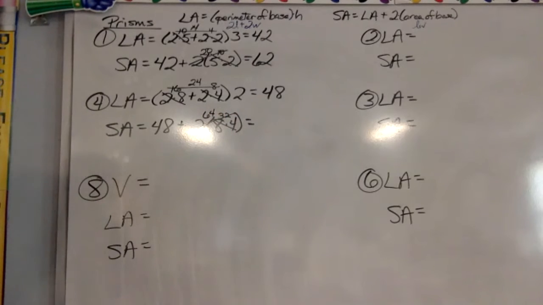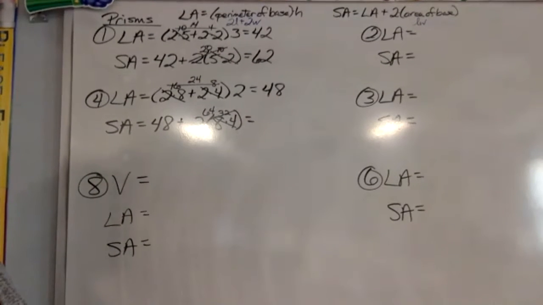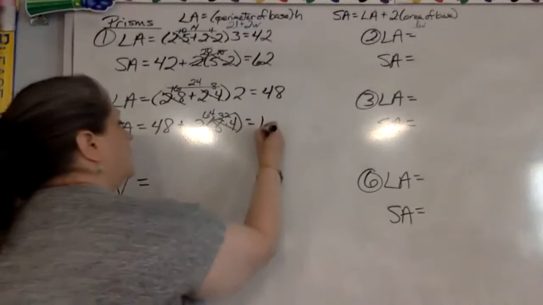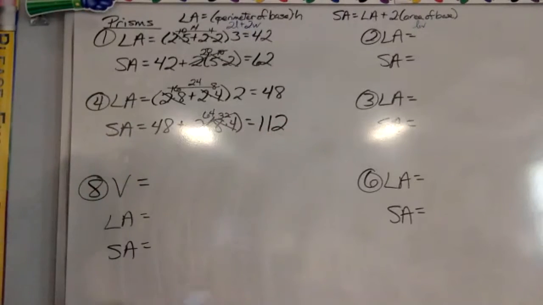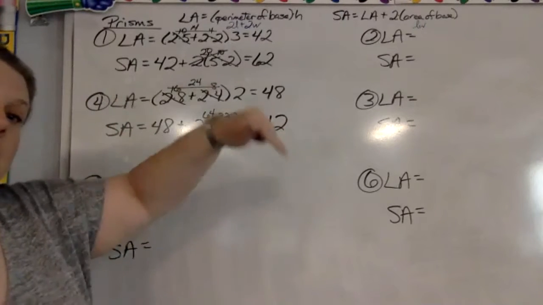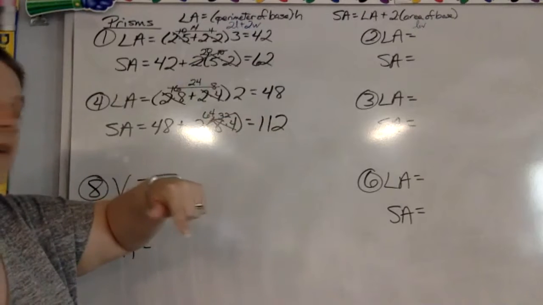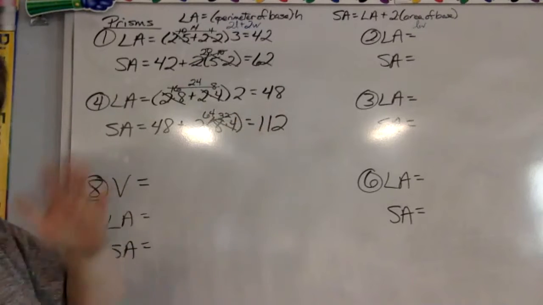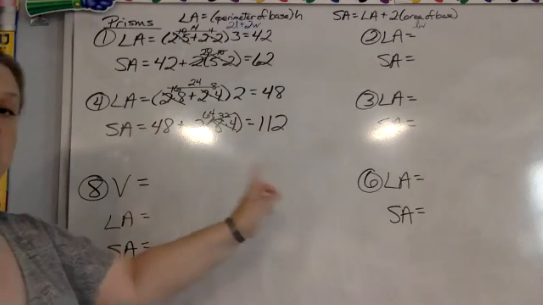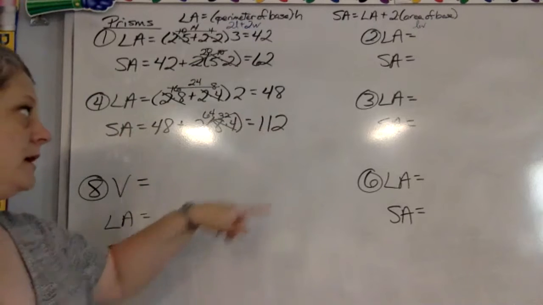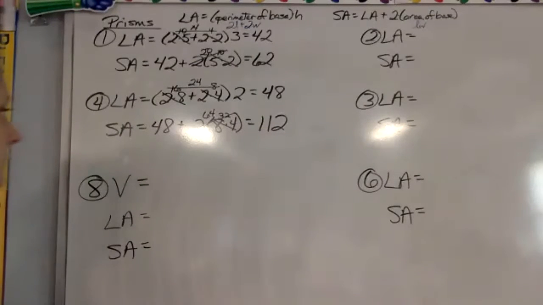So then I have 48 plus 64, which is 112. So my lateral area, the 4 rectangles standing up and down, add to 48. The total surface area, the 4 rectangles standing up and down plus the top and bottom, equal 112.